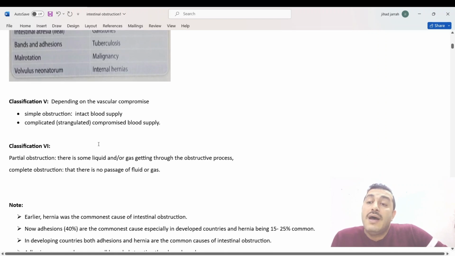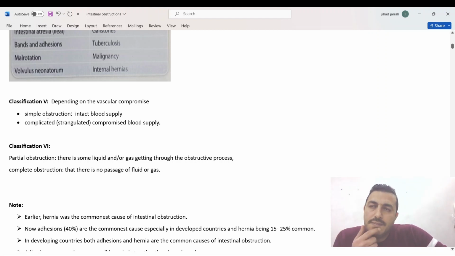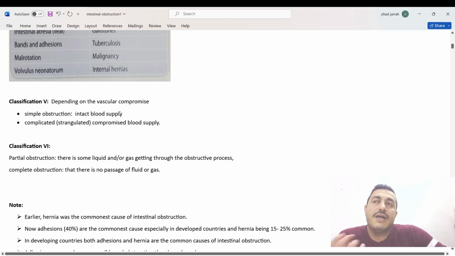Another classification depends on vascular compromise, the vascular integrity. There is simple obstruction. When we say the obstruction is simple, it means intact blood supply, no evidence of necrosis, no evidence of gangrene. While complicated means strangulated.